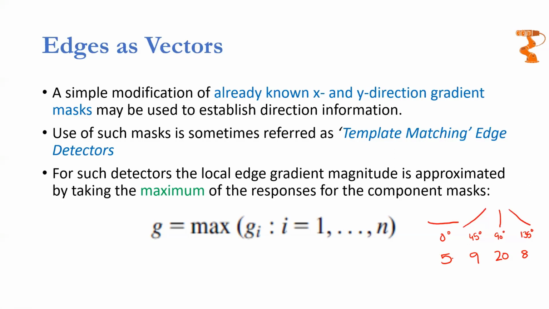You can easily see that all these edge detectors are detecting some edges, but one edge detector is giving you the highest magnitude. So this will be the magnitude of the edge, and this will be the direction of the edge. So template matching edge detectors can be used like this to find the magnitude and the direction of the edge in a single step.